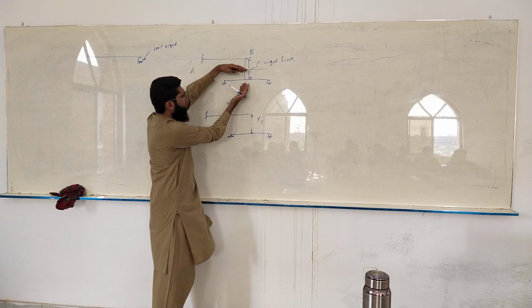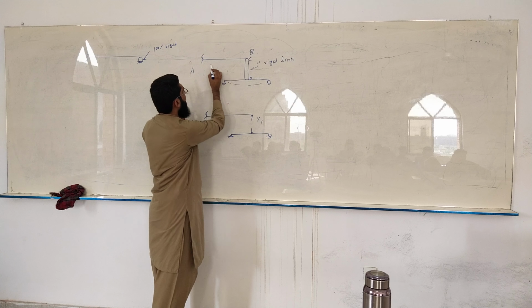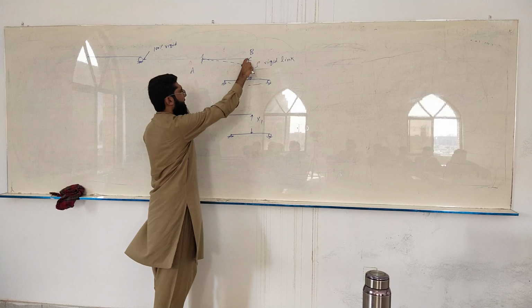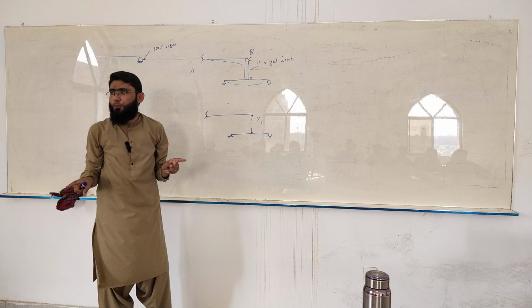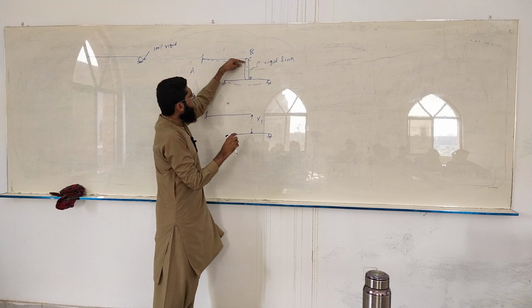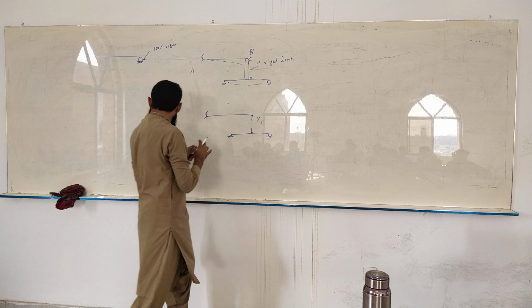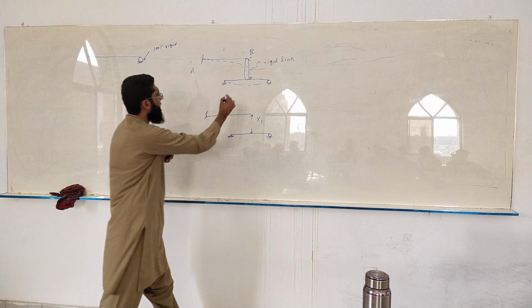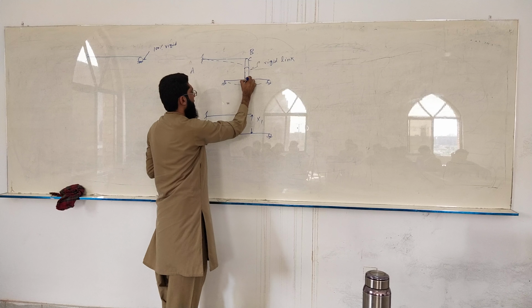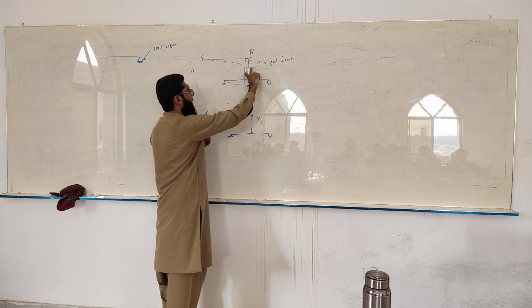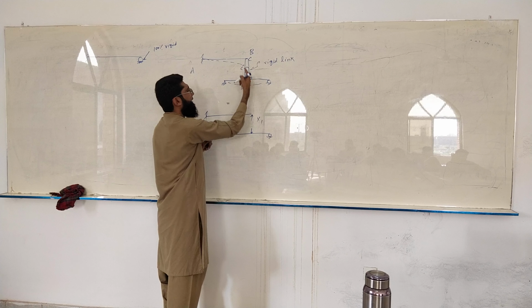So even if this beam is going to deform, and this beam is also going to deform, they will have different displacements. We're not talking about those displacements. What we are saying is that this rigid link will now be somewhere over here. So C and D will still be the same distance apart, the length of the rigid link.